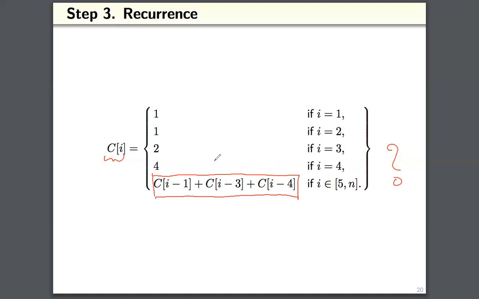Ideas? I think here I minus 4 is a reflection of 1, I minus 1 is a reflection of 4, and I minus 3 is a reflection of 2, because we are not supposed to use 2. I'm sorry, I take it back. I minus 1 is a reflection of 1. I minus 3 is a reflection of 3. And I minus 4 is a reflection of 4.